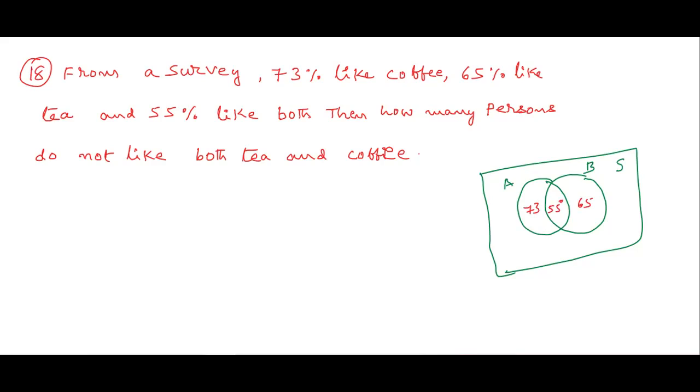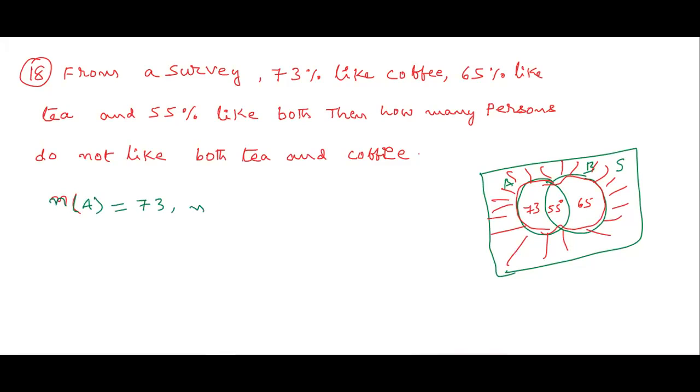But what they are asking is, do not like both tea and coffee. So we need to find the outside part. Now, what is this total part? That means A union B we need. So finally I'm writing here N of A, that is 73%.